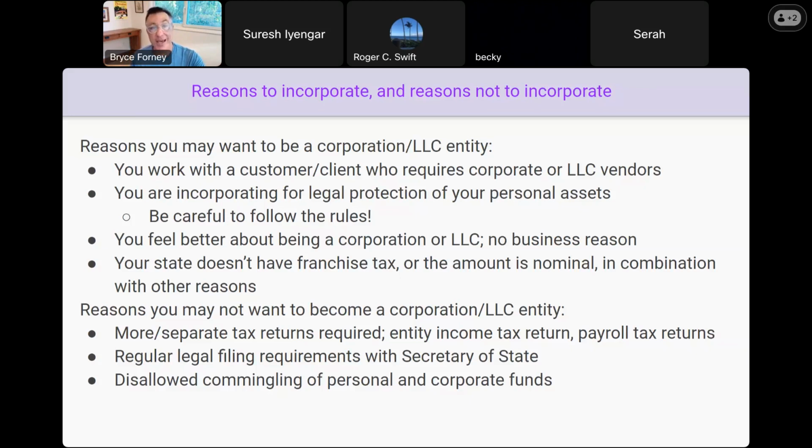And while that is true, if you have a separate entity, it limits your liability, which is the whole reason that the entity type is called LLC, that's true. However, you have to be very careful to follow the rules.